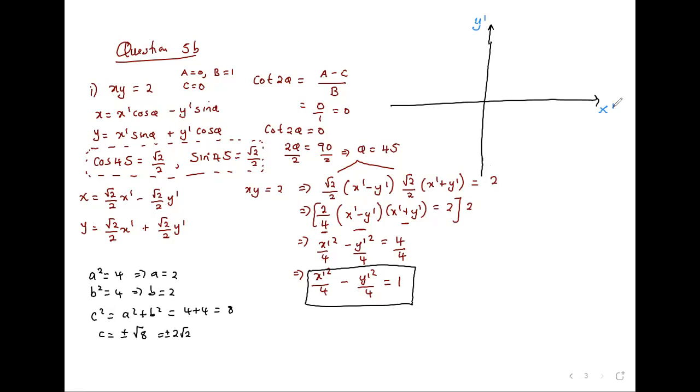So when we do that, we've ignored the shift in our sketch, but because we're using x prime, y prime, it means that we have done the shift.